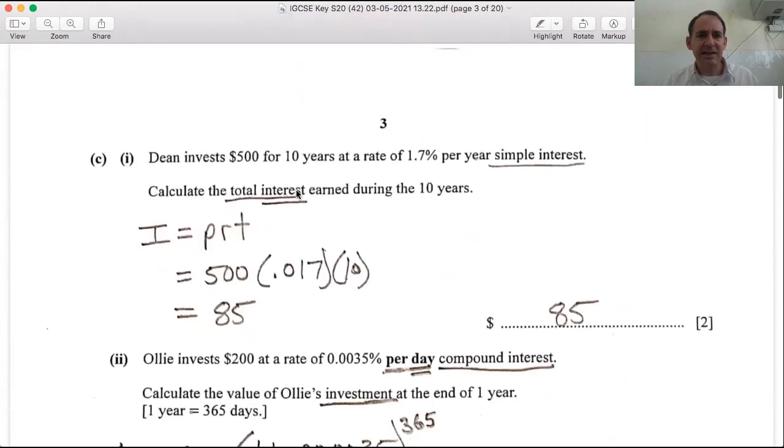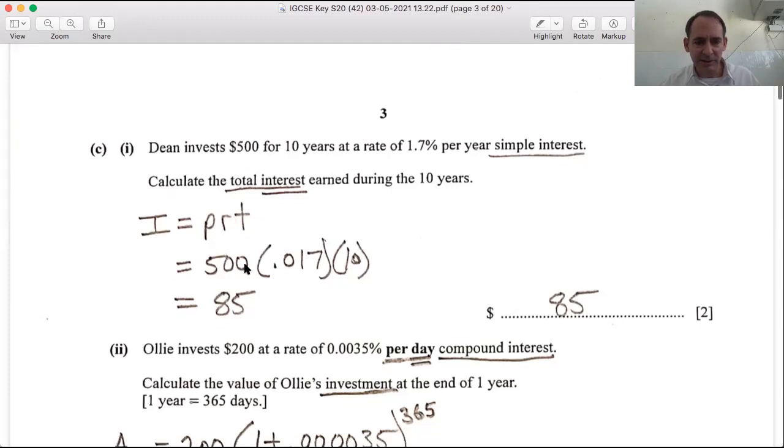Part C, Dean invests $500 for 10 years at a rate of 1.7% per year, simple interest. Simple interest is I equals PRT. Calculate the total interest earned during the 10 years. So we're looking for the I part here, the amount of interest. So the P is the principal, that's $500, that's the original investment.